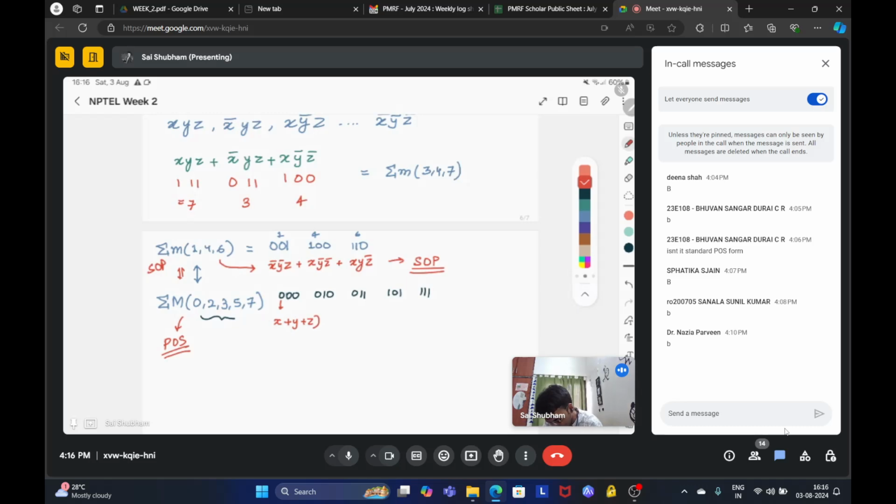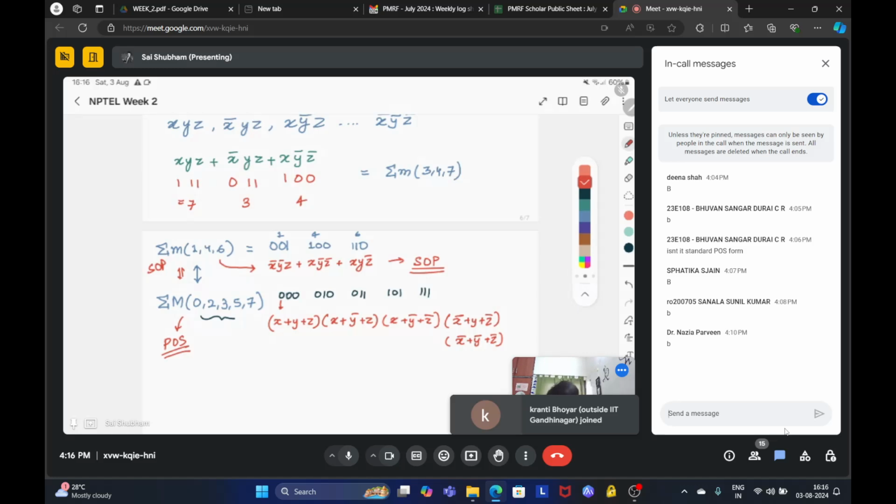So the expression will be like this. Given this sum of product, the equivalent product of sum will be this. Is this conversion clear?